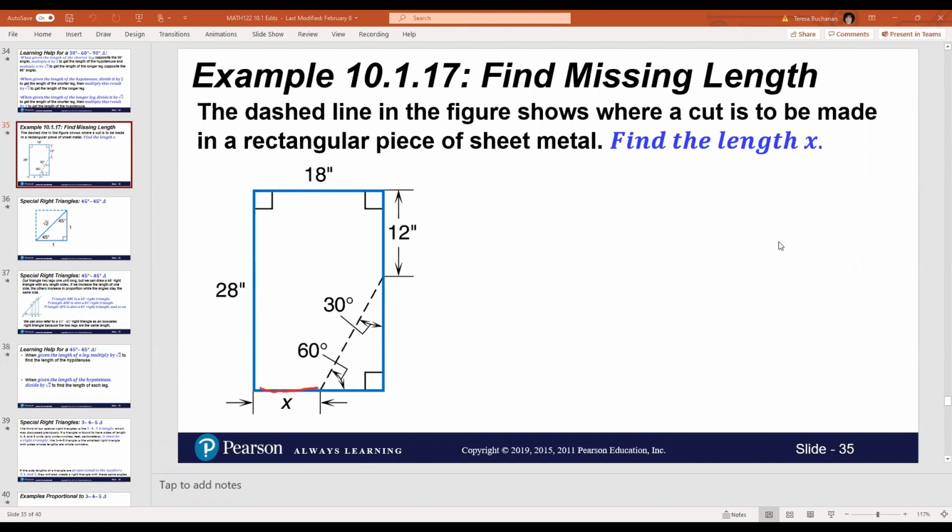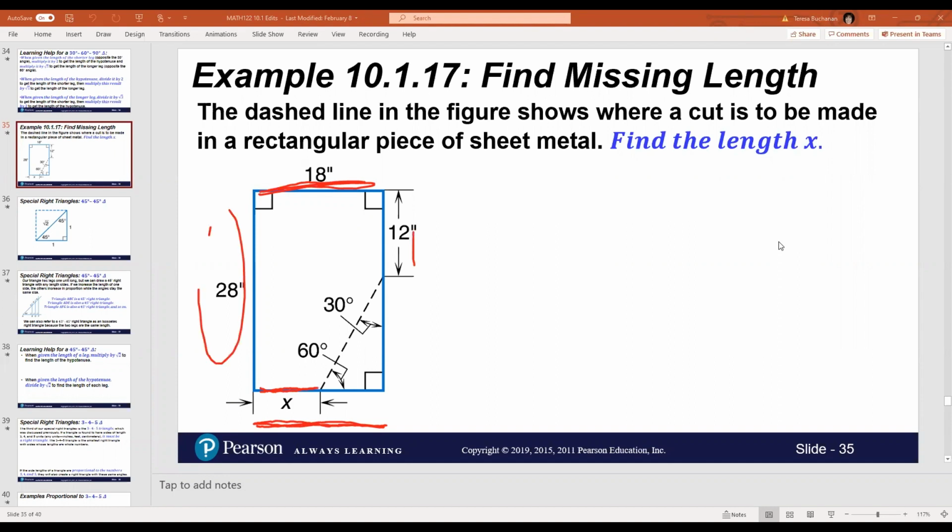This distance, we need to find this. So let's think about what we do know. We know that this much is 18, and this is a rectangle, so this total has to be 18. We know that this length is 28.